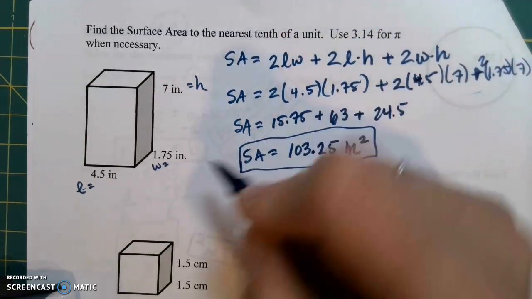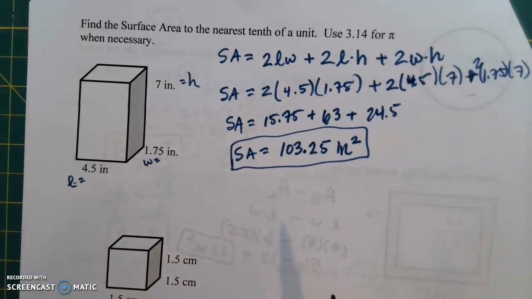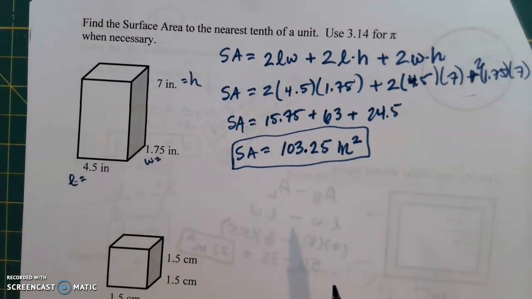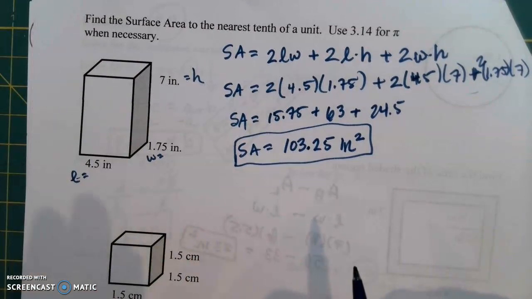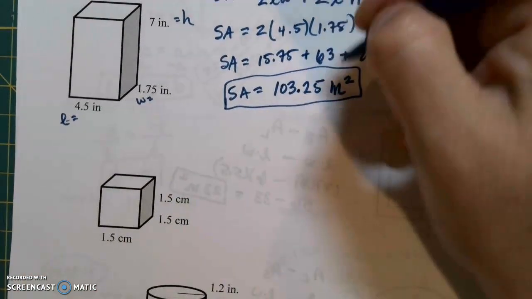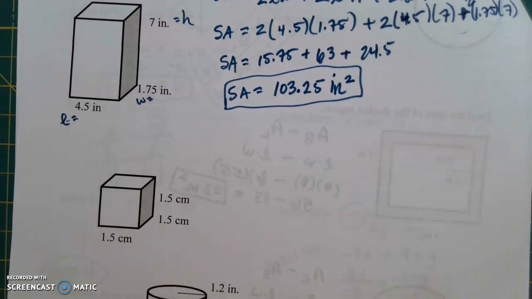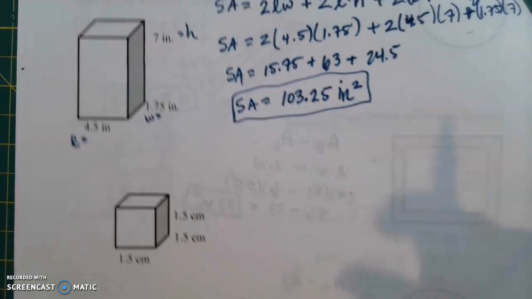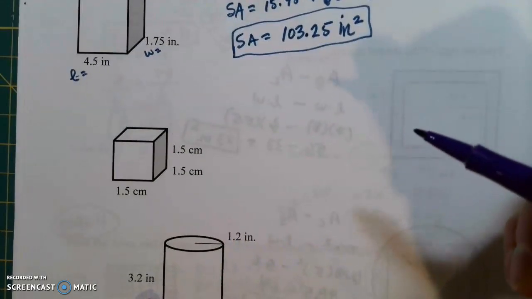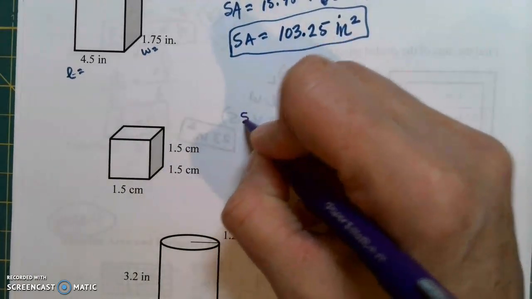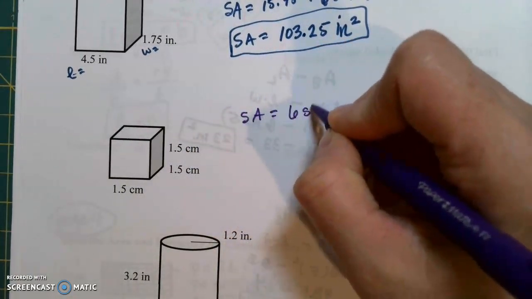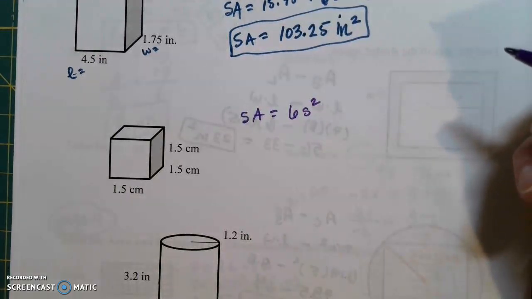Because remember, we weren't figuring out how much this figure could hold. We were figuring out how much paint or wrapping paper I would need to cover this. So for covering, we're looking at squared units. All right. Here, it would save you some time to use the cube formula rather than the rectangular prism formula, because it's a three-dimensional figure. For the surface area of a cube, remember there are 6 sides that are each s times s.